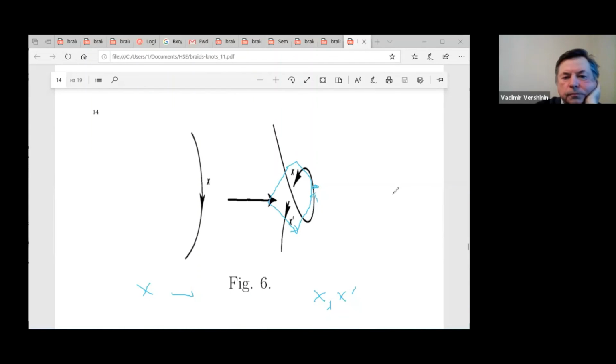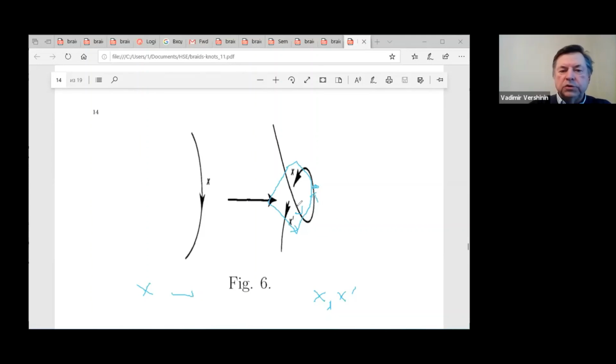So this is the orientation of our loop, of our part of the link. So this orientation of a crossing goes to this in negative.